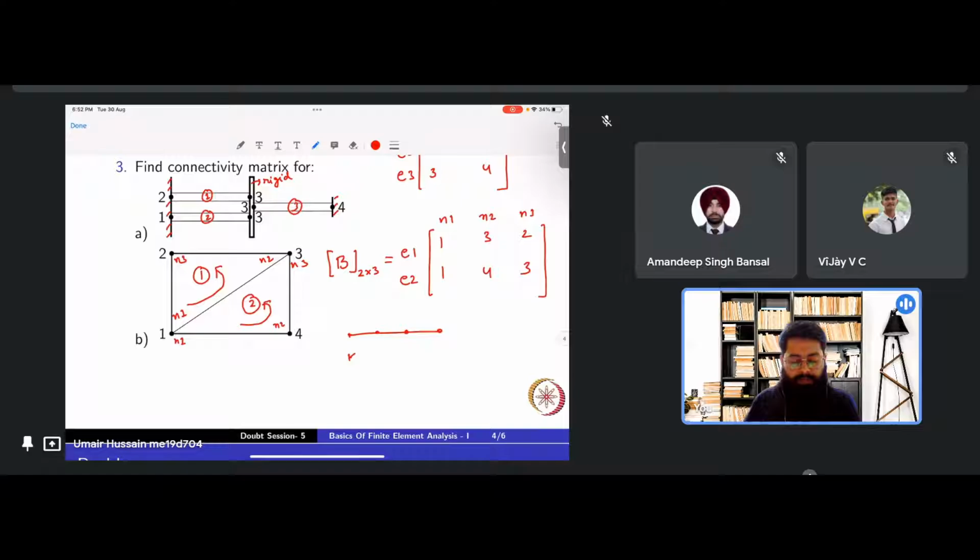So when we write the stiffness matrix, at two we know we will have to add the contribution from each element. This is very trivial, but when the configuration is not linear, like for this problem and of course for 2D and 3D, we face difficulty while assembling these elemental nodes. So that's why we prepare this connectivity matrix.